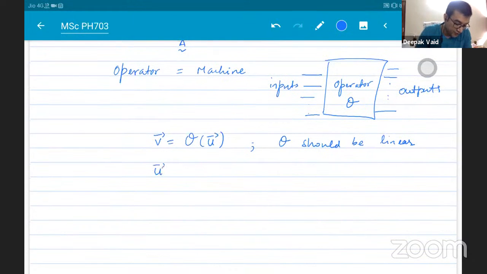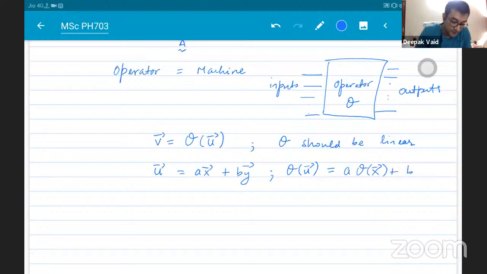That means that if U is equal to AX plus BY and I take O of U, if O is linear, I should be able to write this as A times O of X plus B times O of Y.